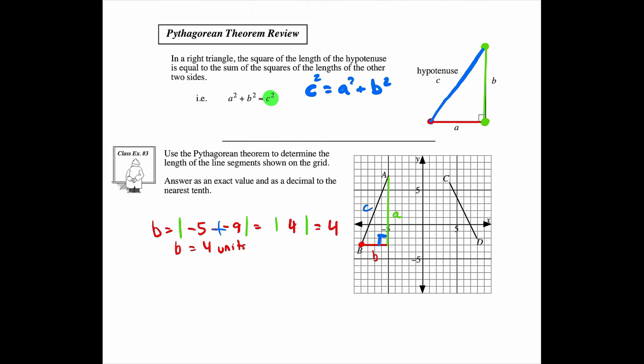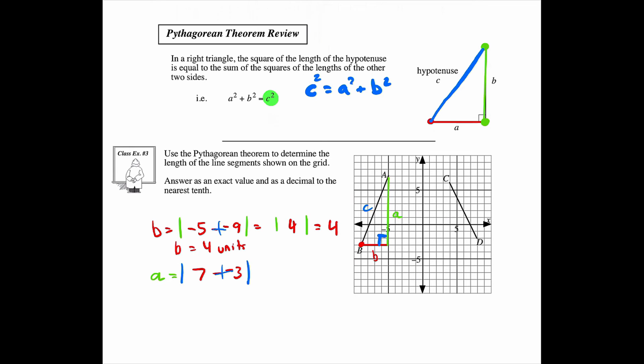Now to figure out what we're calling line A, that is going to equal the absolute value of, well, again, our largest point, which is up at the A right there, which is 7. We're going to subtract from that the smaller point, which happens to be -3. And don't forget, we're taking the absolute value, and two negatives make a positive.